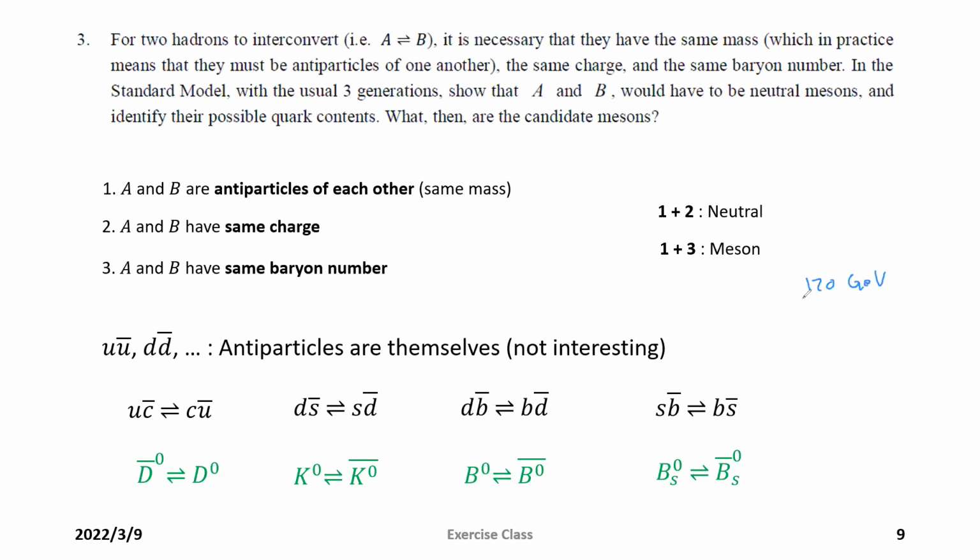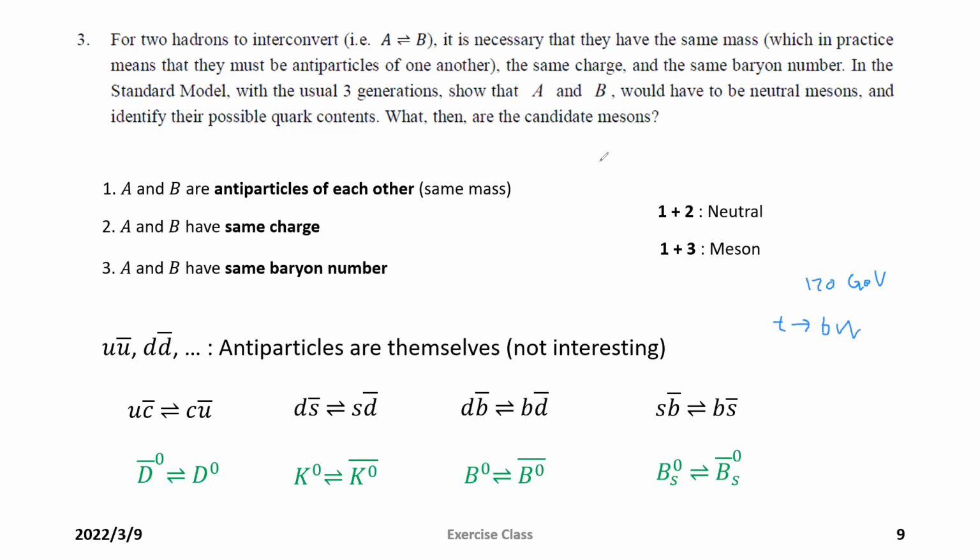So it's a very unstable particle, and before it can form any bound states, it will quickly decay into something else, so it will not form a stable bound state.